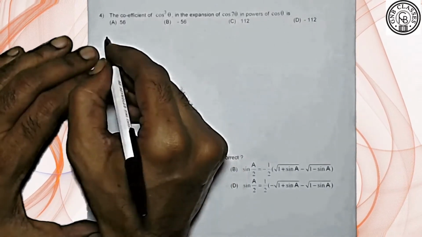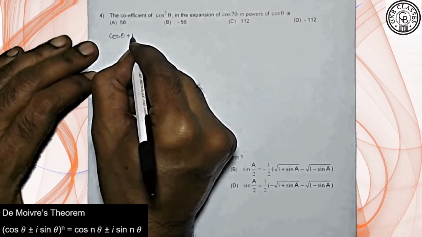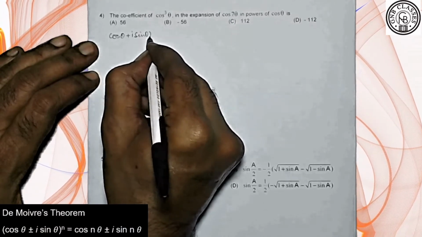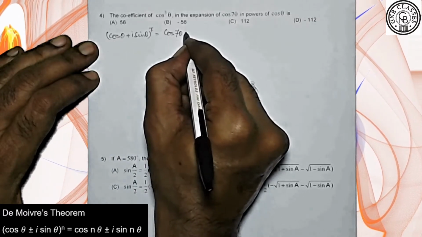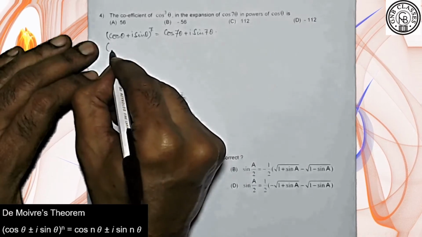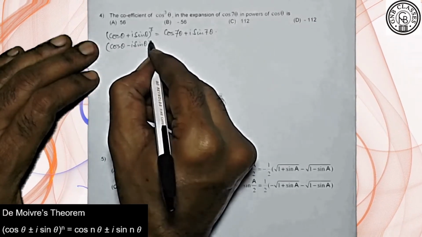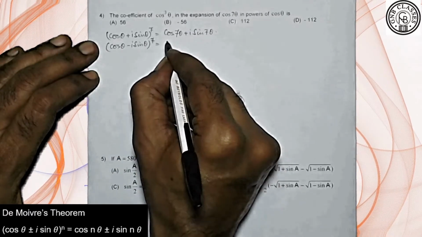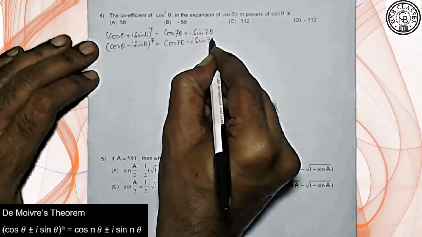We all know from the de Moivre's theorem that cos theta plus iota sine theta whole to the power 7 can be written as cos 7 theta plus iota sine 7 theta. Similarly, cos theta minus iota sine theta whole 7 can be written as cos 7 theta minus iota sine 7 theta, correct?